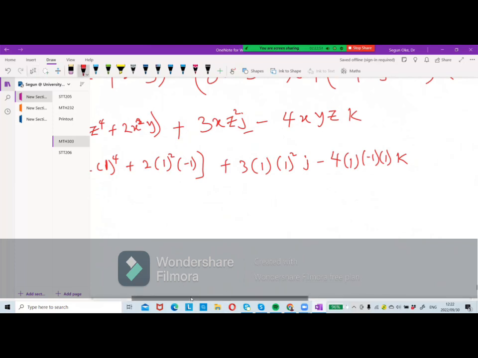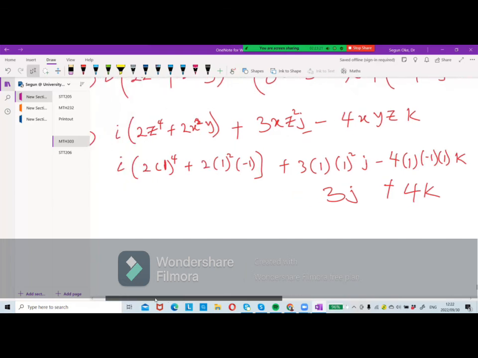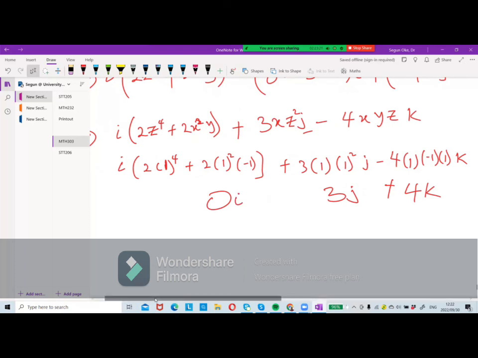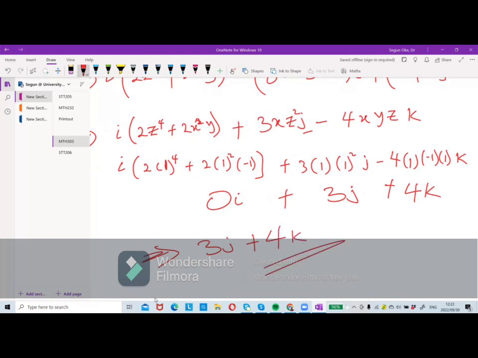Okay, k is what? 2 minus 2. Where do you see 2? No, I meant solving it. That's k, that you've done k already. Okay, k is minus 4. k is positive 4 because there's negative 4 here. Here is what? 3, 3j. So what do you have for the i? Minus 2, that's 2 minus 2, that's 0. So the final answer is 3j plus 4k.